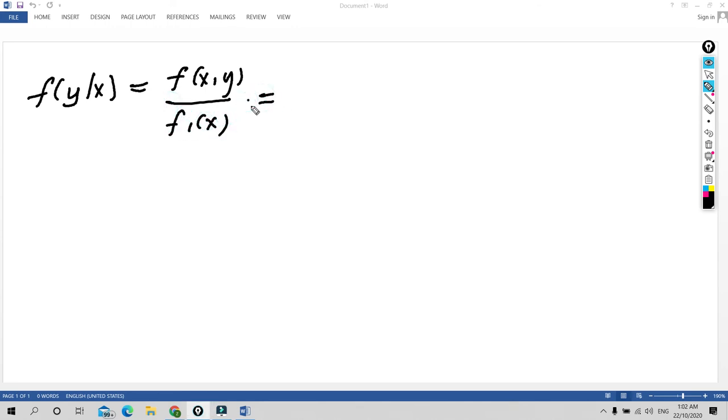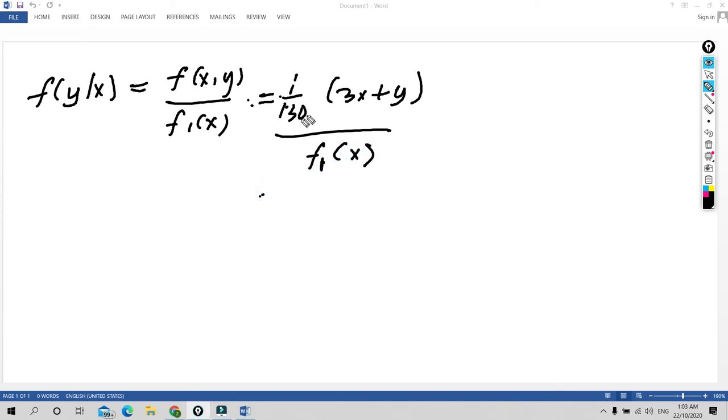We know that f(x,y) just now is (3x plus y), so here is 1 over 130 times (3x plus y), over f sub 1 of x.